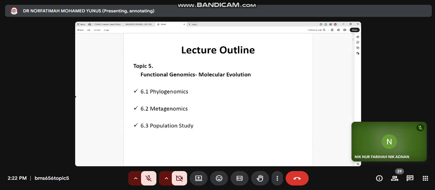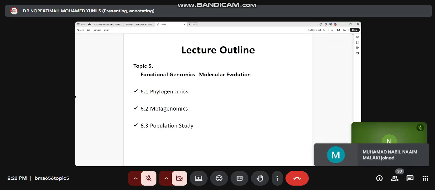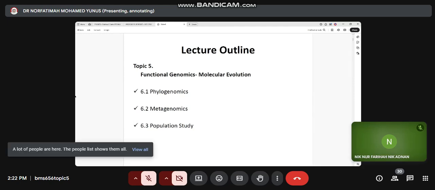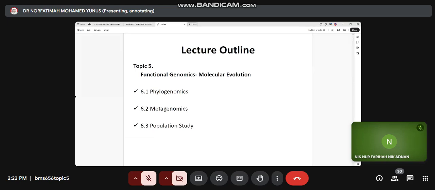And for functional genomics, molecular evolution is more on the comparative genomics. In this lecture I will explain the connections between gene variations, and how to classify and group all these species, all the samples in one group based on their characteristics and the variations, similarity and dissimilarity between them. So we will talk about phylogenomics, metagenomics, and the population study.